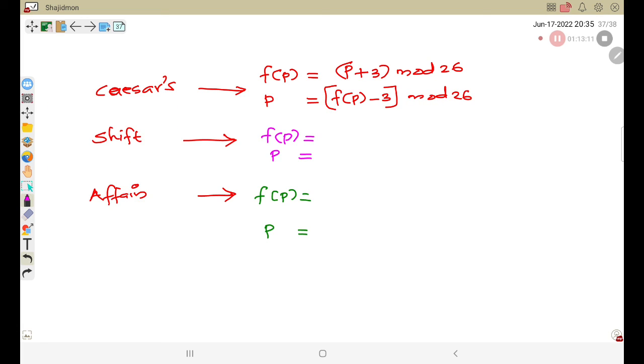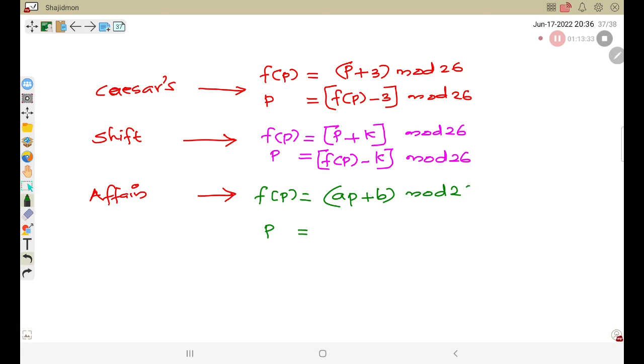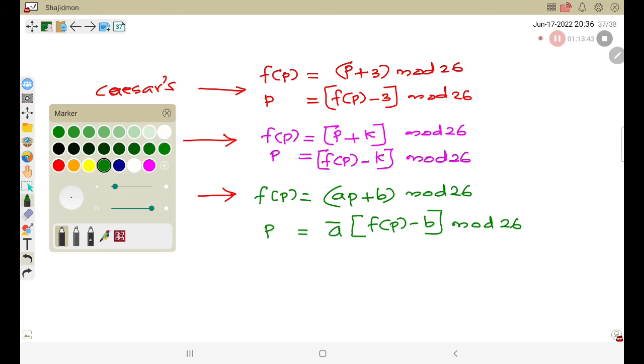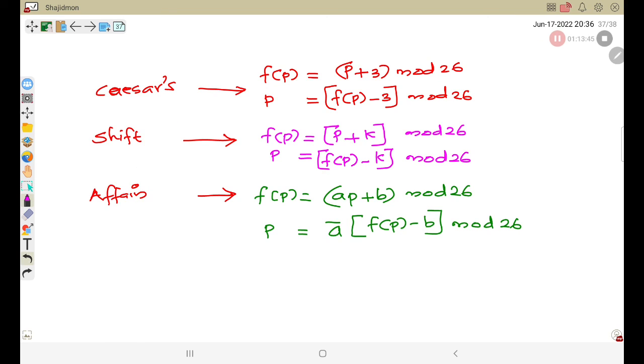Now shift cipher, p plus k mod 26, f of p minus k mod 26. Lastly affine cipher, a p plus b mod 26, and a bar multiply f of p minus b mod 26. Okay, this is the idea, section 4.7.